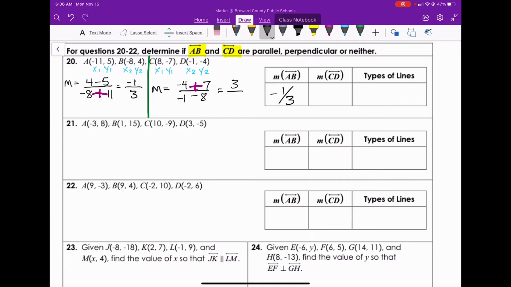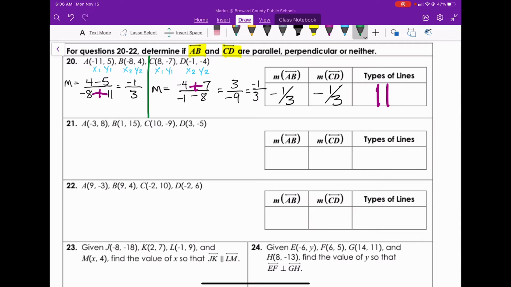And on the bottom, that is going to make negative 9. When we simplify this fraction, that can be simplified to negative 1/3, okay? So our slope here is also negative 1/3. And remember, all fractions must always be simplified. Because the two slopes are the same, these two are parallel, okay?